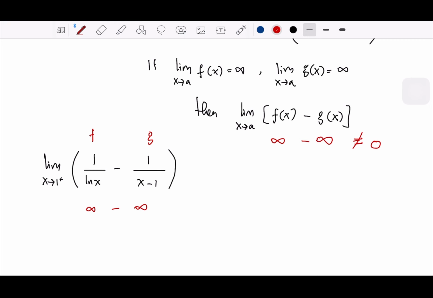So this is an indeterminate difference, infinity minus infinity. What we can do now is combine them together and see whether we can simplify the form.